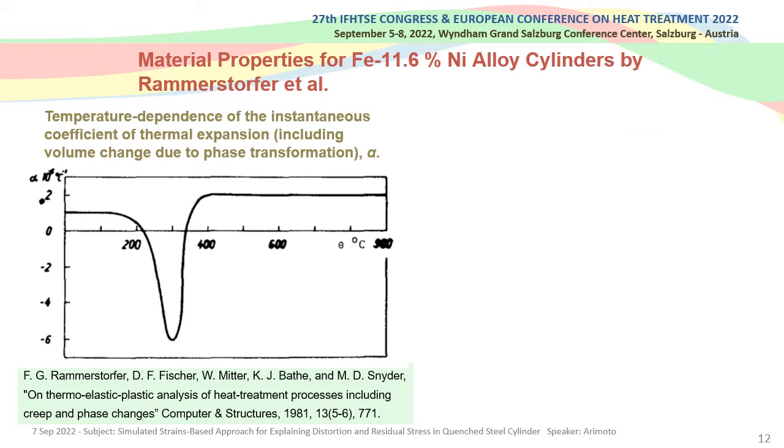Since the work by Lammerstofer et al. is in the early stage of simulation, no rigorous model was used for the martensitic transformation. That is, the effect of transformation expansion was handled by modifying the thermal expansion coefficient as shown in the graph. While Arimoto and Funatani used Koistinen-Marburger's equation for the kinetics of martensitic transformation.